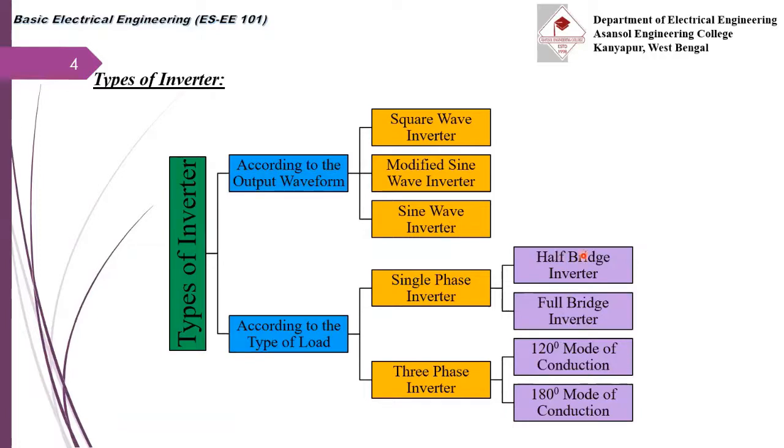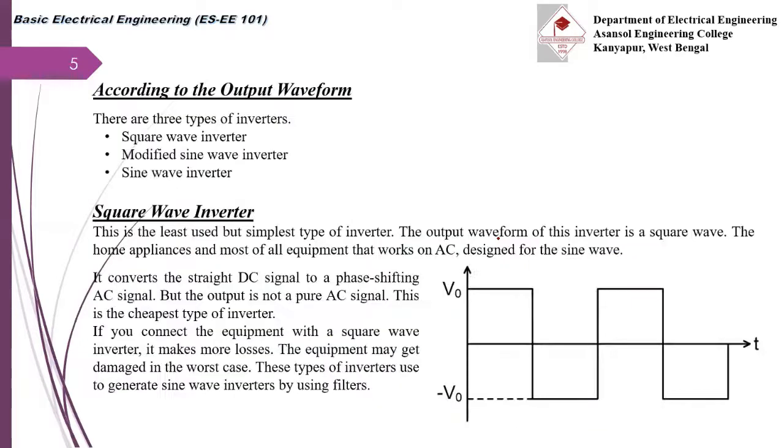The half bridge inverter, full bridge inverter, and 120-degree and 180-degree conduction modes of single phase and three phase inverters respectively were already discussed in previous sessions. So only these three topics are left, which will be discussed in later slides.